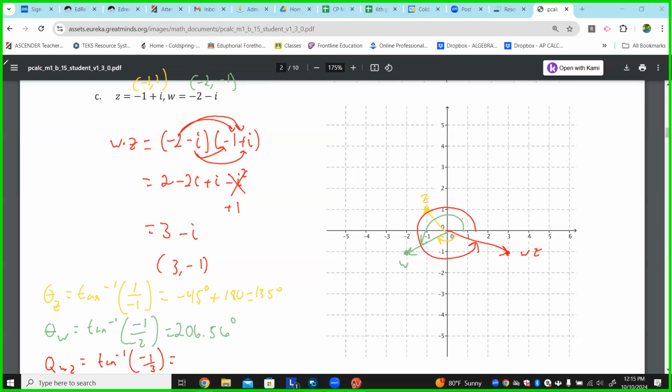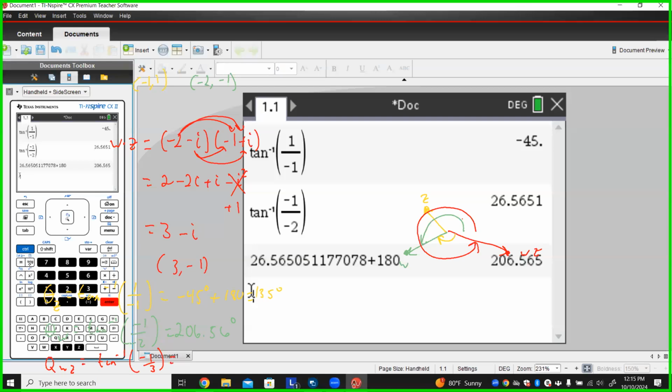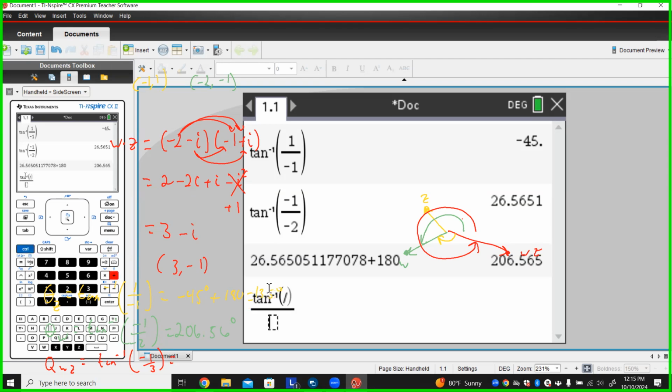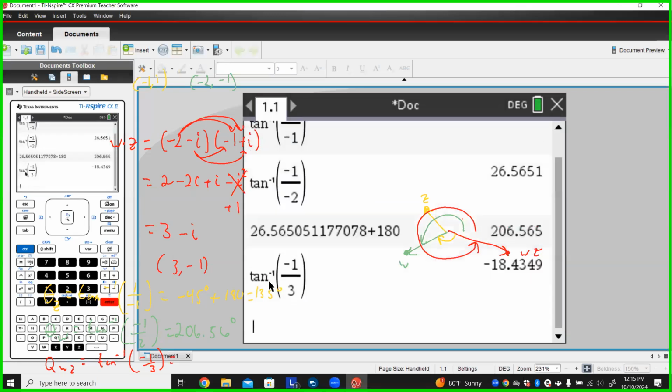So let's see what the calculator gives us before we test out our theory. There we go. What was the negative 1 over 3? All right, here we go.